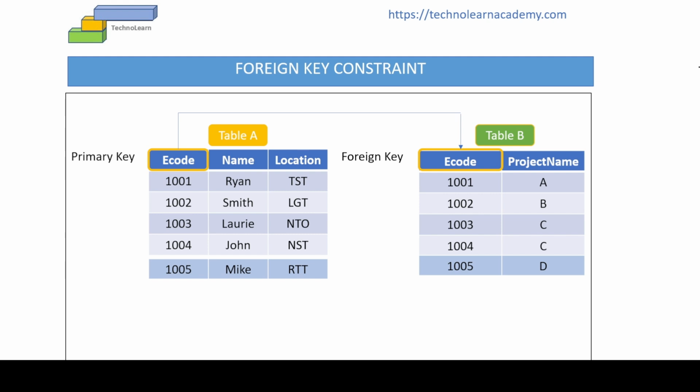If two columns are being referred as primary key and foreign key, then the foreign key column can contain the value or insert a new value if that value exists in the primary key column of table A. Because 105 was not available in table A, we were not allowed to insert it in table B. And now 105 is available in table A, we can insert this record in table B.